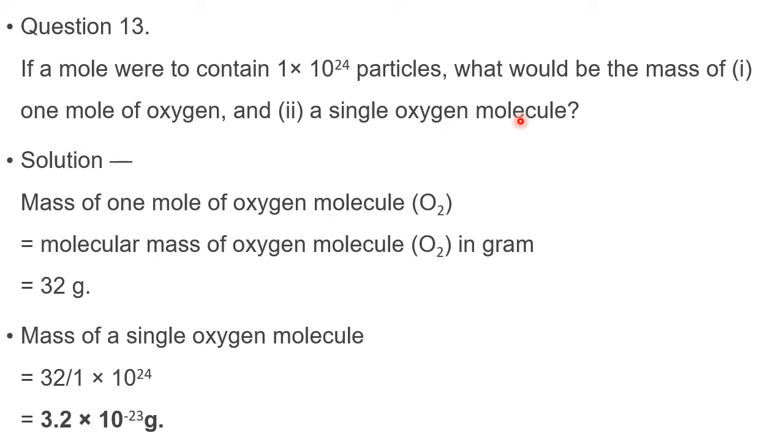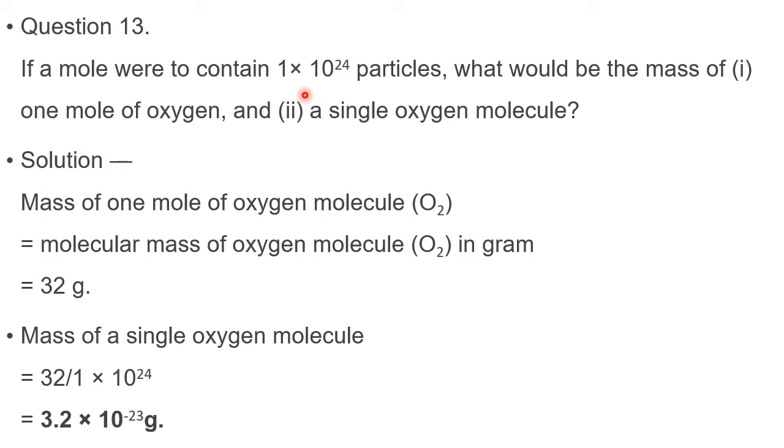But the question says, if a mole were to contain 1 × 10^24 particles instead, what would be the mass of 1 mole of oxygen and the mass of a single oxygen molecule? Whether we take 1 × 10^24 or 6.022 × 10^23, it is 1 mole only.